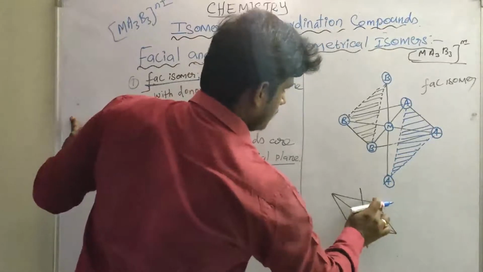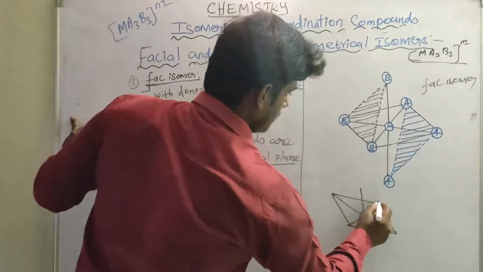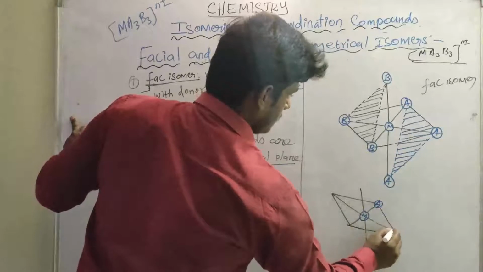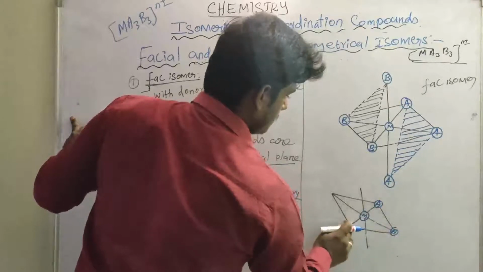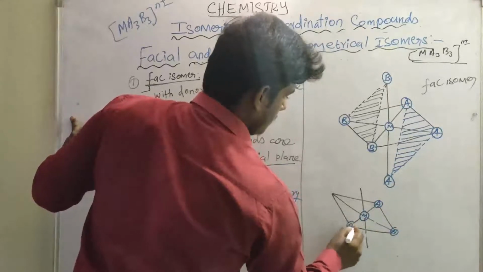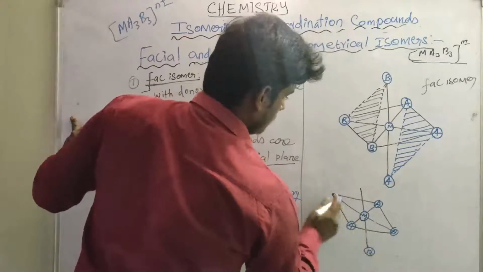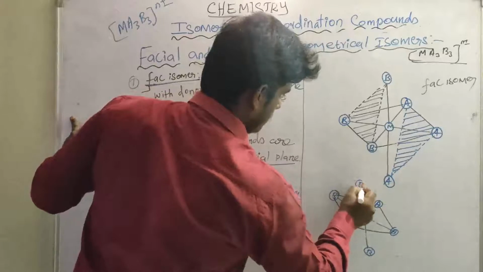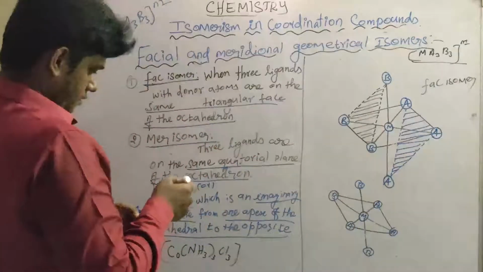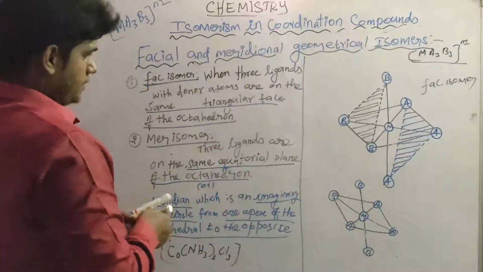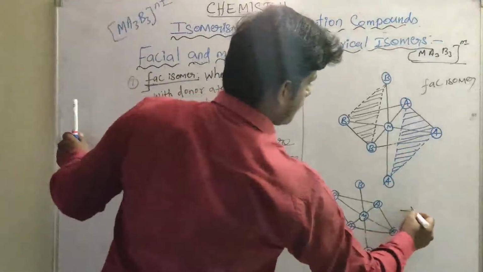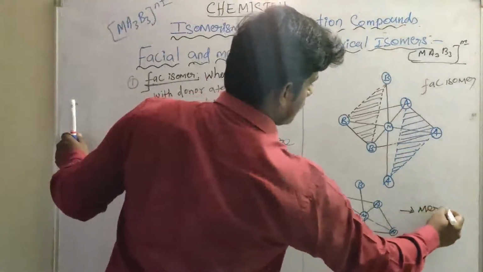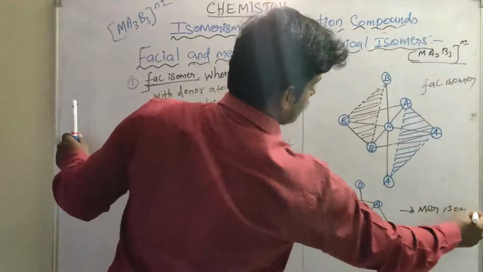The metal here also has A and B. This is a mer isomer.